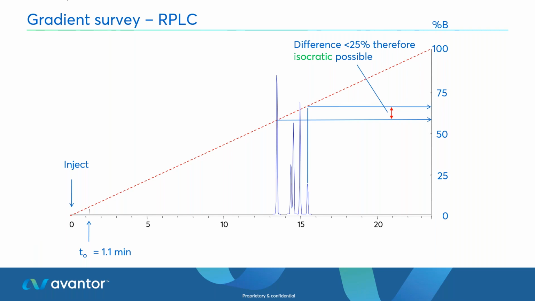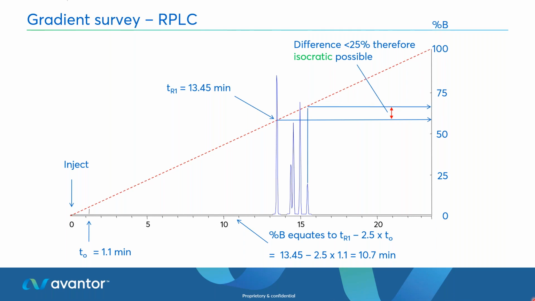What percentage B do we need? Well, we can use the retention time of peak 1 in this nice little equation: minus 2.5 times the T0 in minutes. That gives us 10.7 minutes.